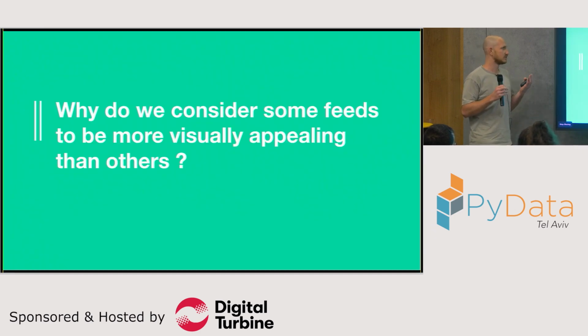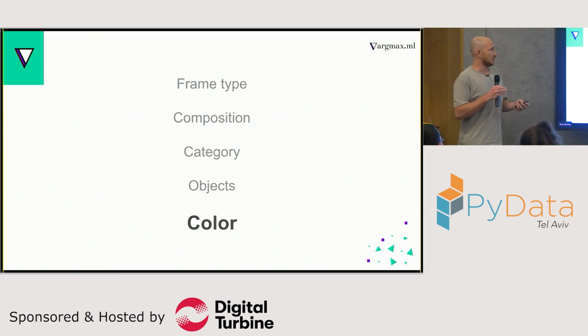So why do we consider some feeds to be more visually appealing than others? That's a question we asked ourselves before approaching this re-ranking section of the recommendation engine. We have candidates, and now we need to decide if the first 6 recommendations together are visually appealing enough. There are a few themes or categories we can think of when trying to answer this question. Frame type: close up, long shot, or medium shot.